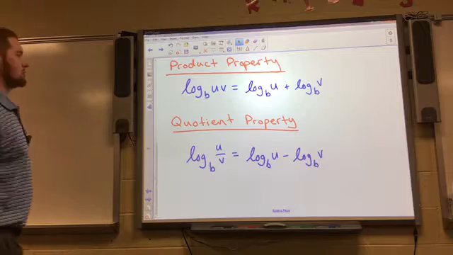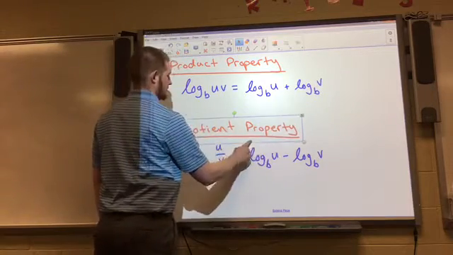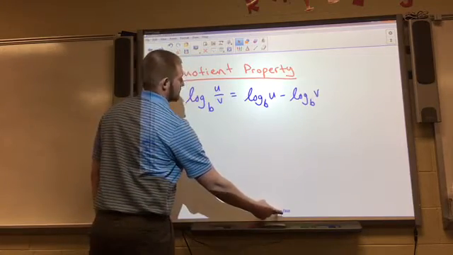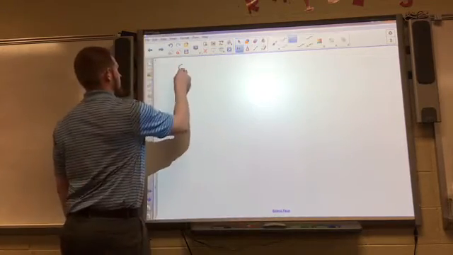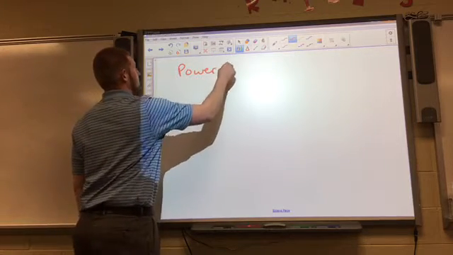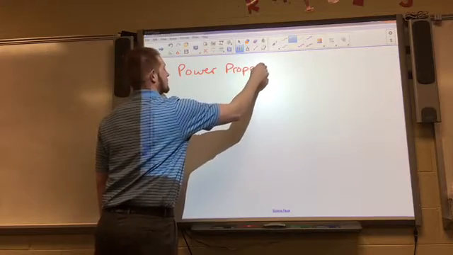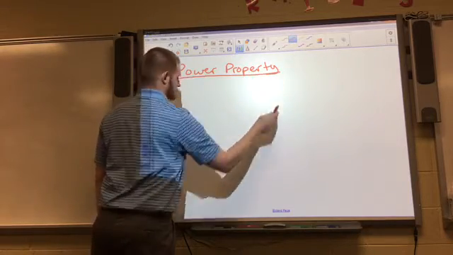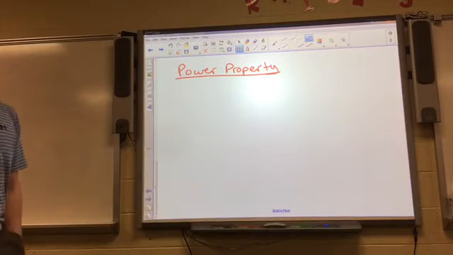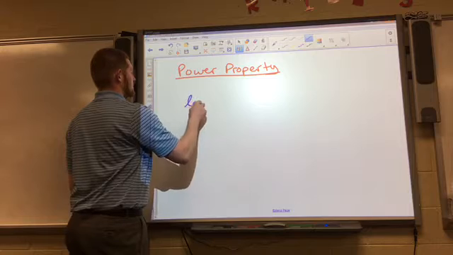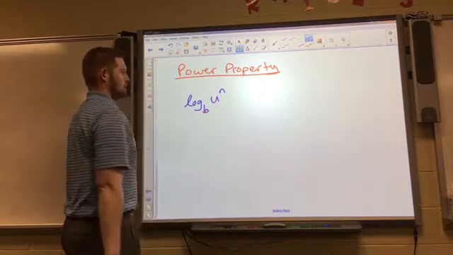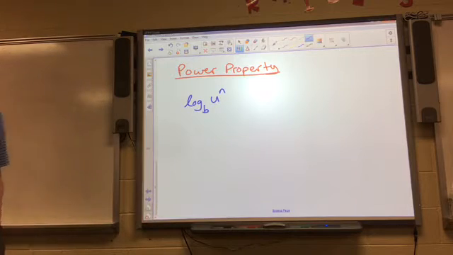Okay, so that's your quotient property. Your power property is a little bit different. Did everybody have that? So you have log base b of u to the n power. We've been doing a handful of these.